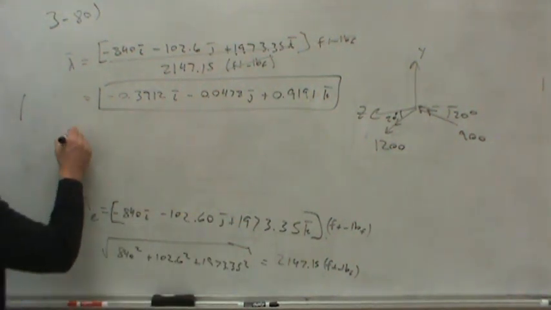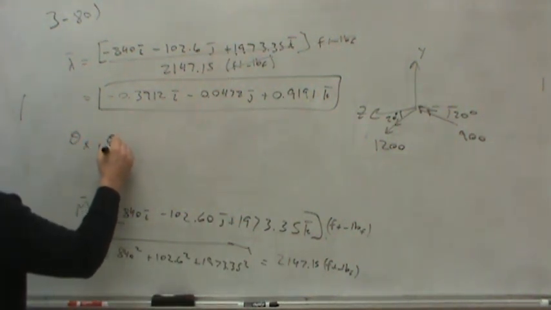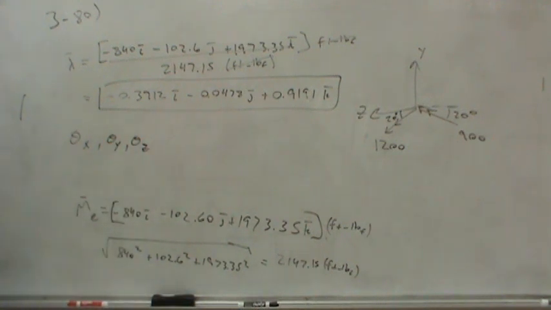However, I thought you were going towards this. Couldn't we calculate these? Yes, we can. Let's do it. We could get theta x, y, and z. In other words, we could get the direction angles. That was back in, I think, chapter 2, and I think your author referred to that section as direction cosine.